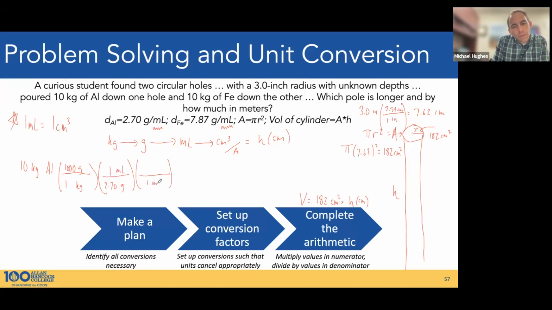And we know that 1 milliliter is 1 cubic centimeter. And so we get 3,704 centimeters cubed. And if that is the volume and we divide by the area, which is 182 centimeters squared, we get 20.4 centimeters of an aluminum pole.